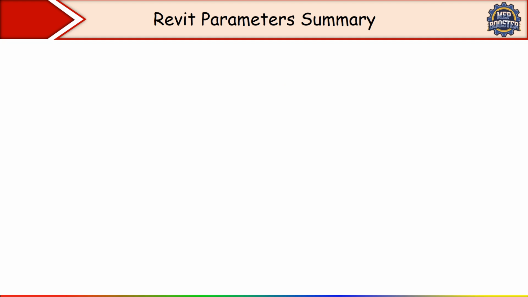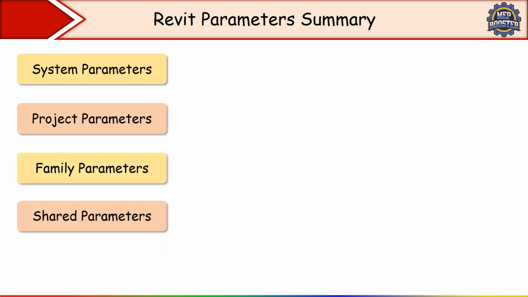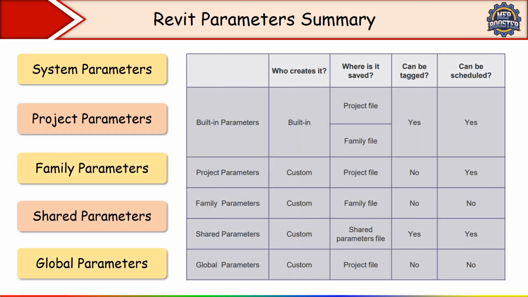So these are all the 5 types of Revit parameter. Now here we'll show you the Revit parameter summary, which is important. We have learned about the system parameter, project parameter, family parameter, shared parameter, and finally the global parameter. The system parameter is also called a built-in parameter. These are already created by Revit.